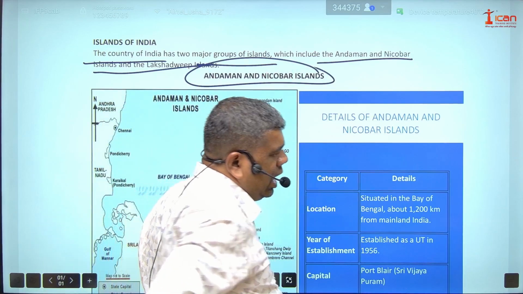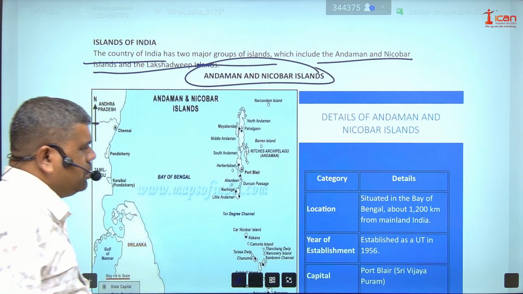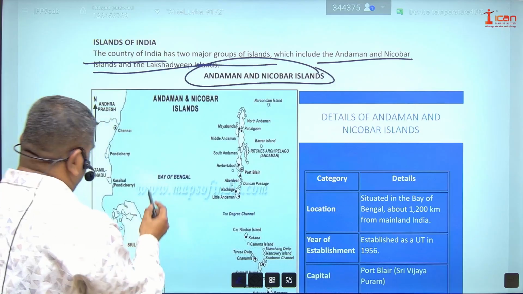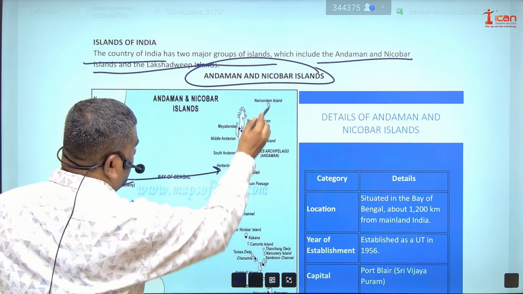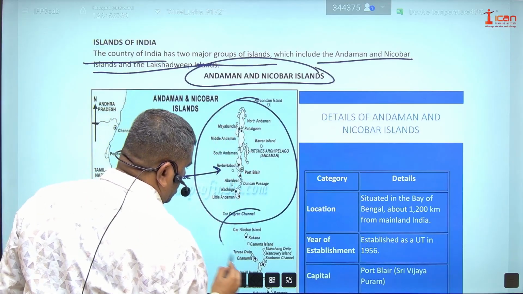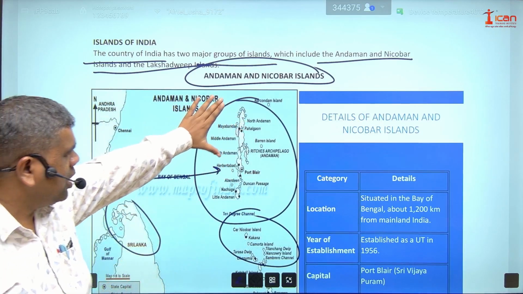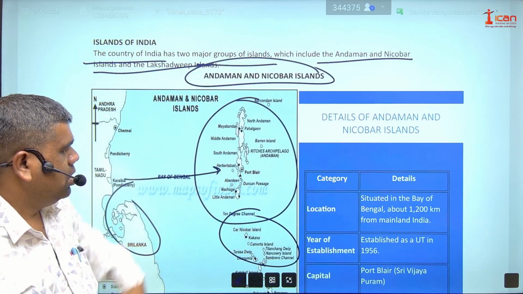What are the Andaman and Nicobar Islands? How are they important? So where are the Andaman and Nicobar Islands located? If you look at it in the map, it is located from this point, in the Bay of Bengal. It's two sets of islands. There are the Andaman Islands and there are the Nicobar Islands. Those are different sets.